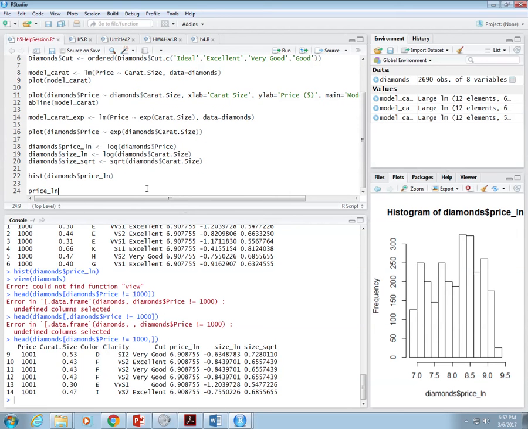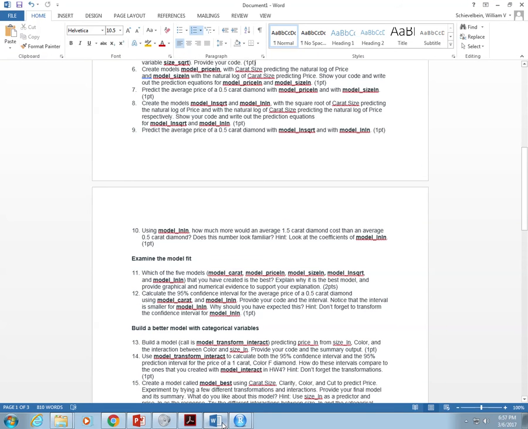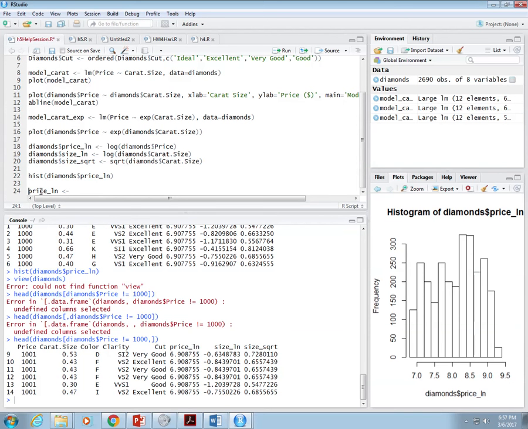Price log. I think that's what they asked for. Model price log. And you just write like you'd write any other linear regression, linear model, but this time we're going to use price log as what we're predicting as a function of caret size.